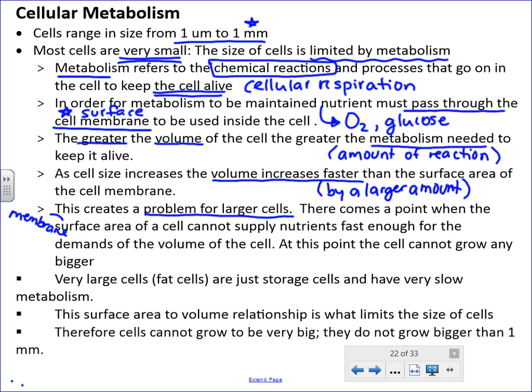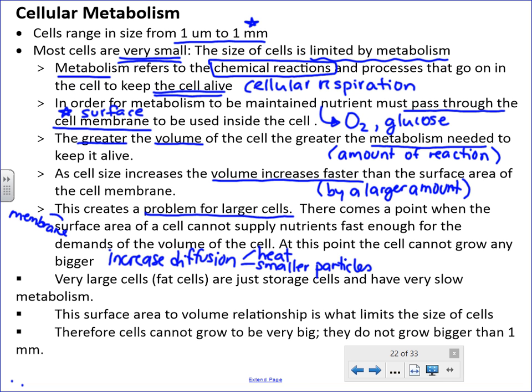Now there are some things that we could do to increase diffusion. And so sometimes even large cells can exist if other things are happening to make diffusion happen faster. For example, heat usually works. If we heat up particles, they naturally move faster, and so that could increase the rate of diffusion. If we make smaller particles, that could help increase the rate of diffusion.